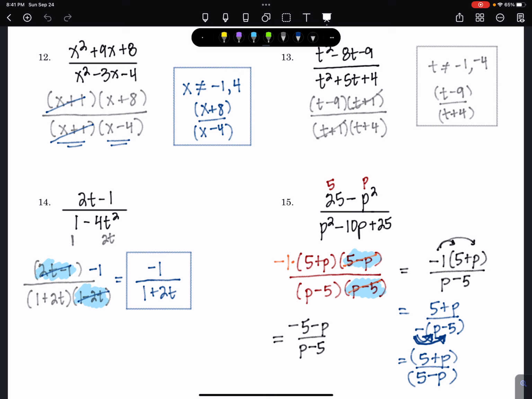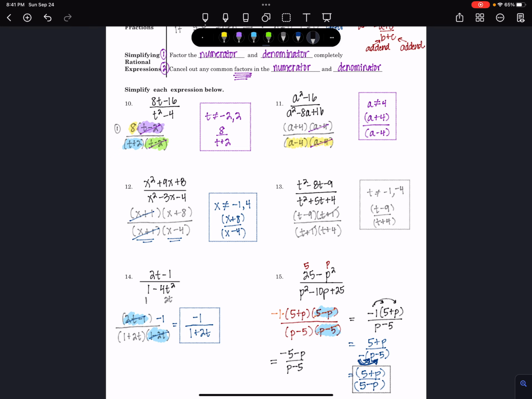This is a sum, and this is a difference. In the problems that we canceled out that became negative 1, we had a difference over a difference. This is not a difference over a difference. So that's going to be our final answer. 5 plus p over 5 minus p.